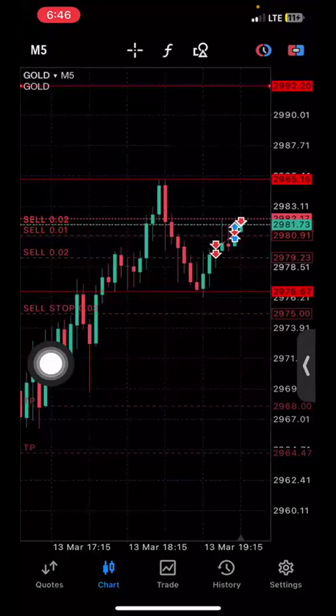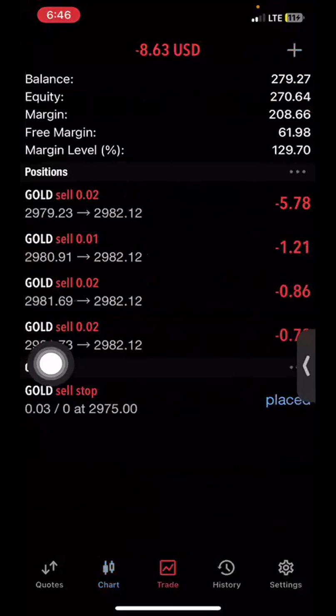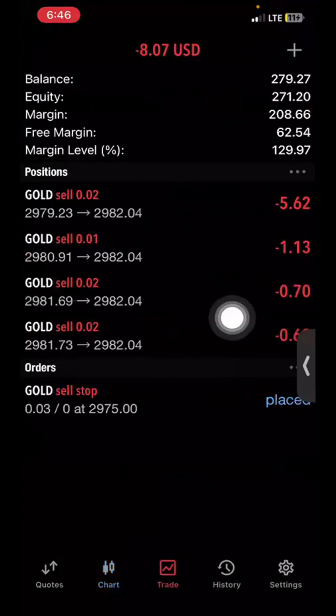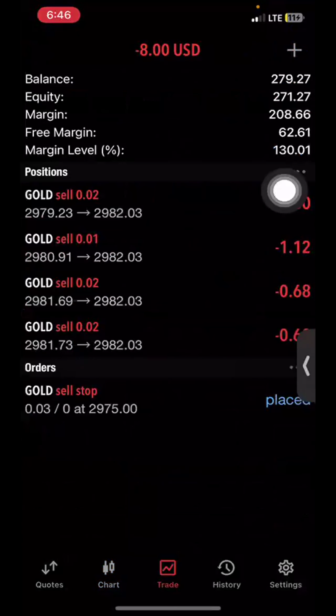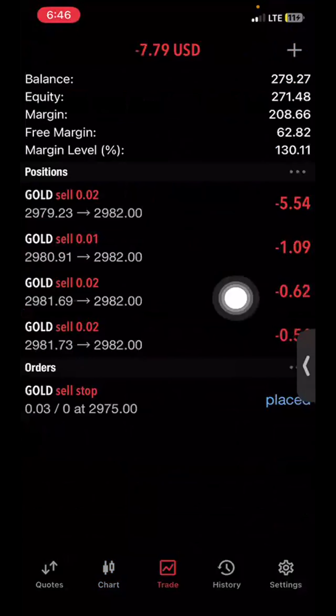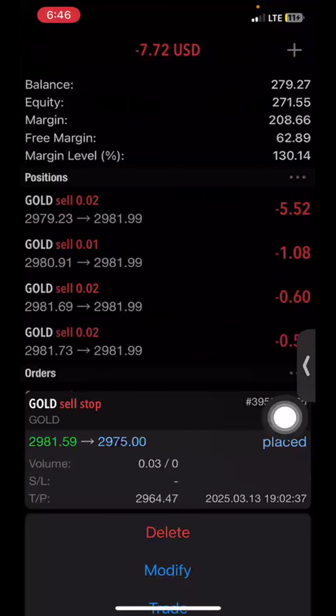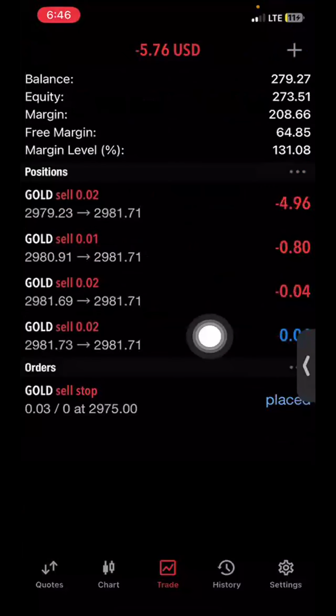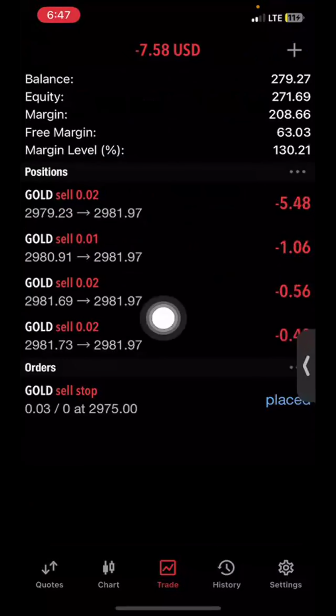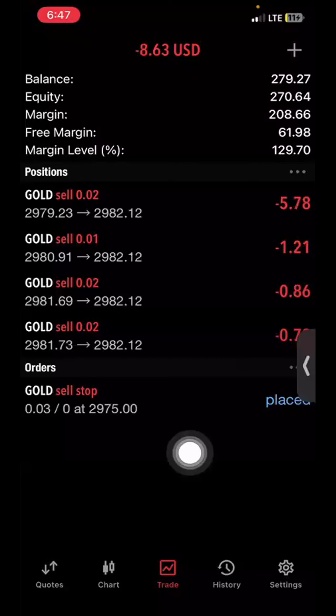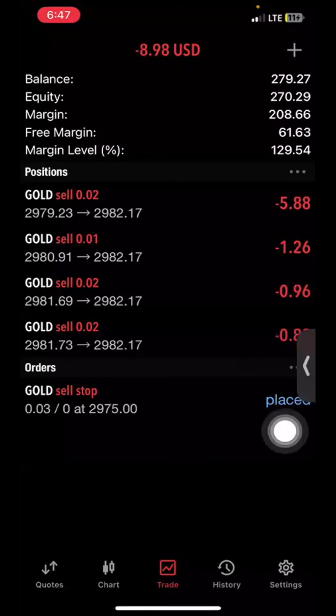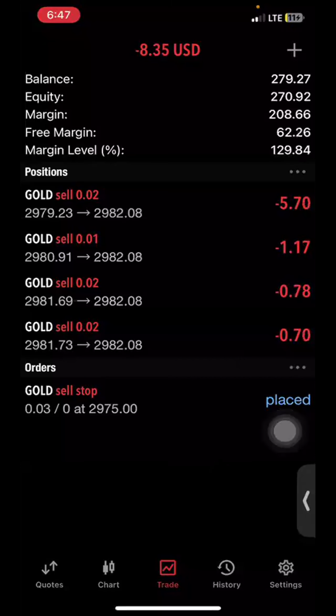Okay, now I have 4 sell positions running. Let's say all of them are in profit. I tell you guys, secure partials on your trade and leave a runner. Close some profit too, and leave some running. Don't leave all running. Close some, secure something, keep something for yourself, right? And I say secure partials.